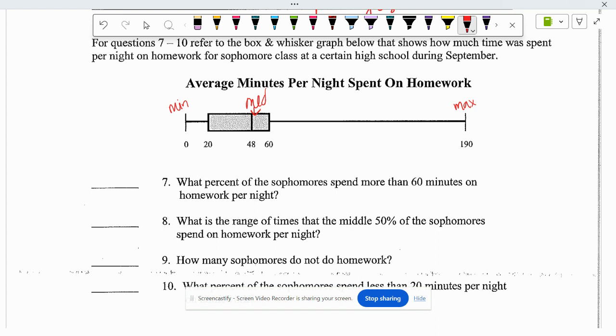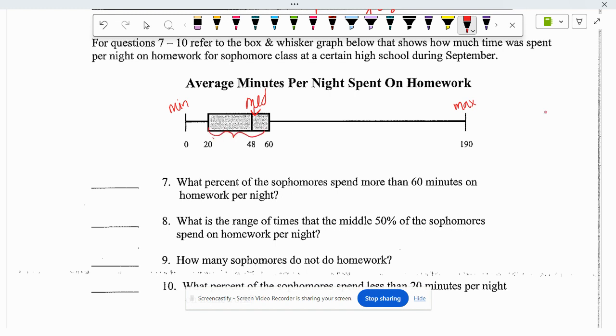Travis, tell me something about that box and whisker plot. Brian, help him out. What's one thing you can tell me? 50% is inside the box.